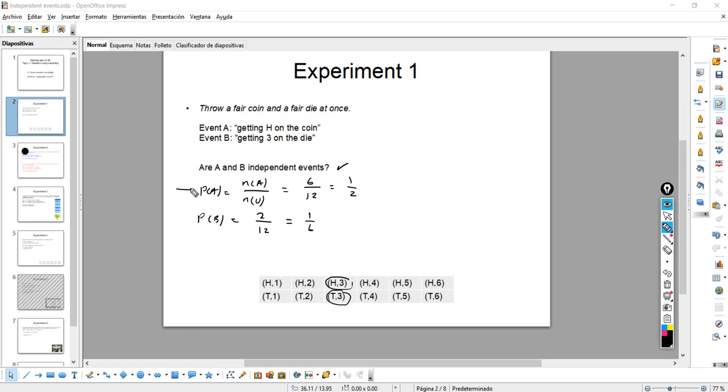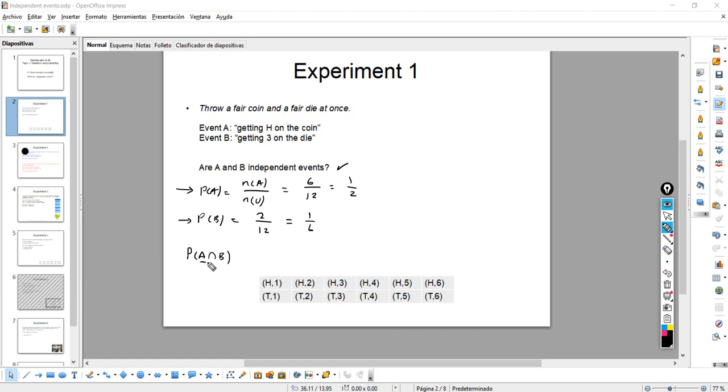Okay, so we have the probability of A and we have the probability of B. Now let's calculate the probability of both of them occurring at the same time, getting heads on the coin and getting a 3 on the die.